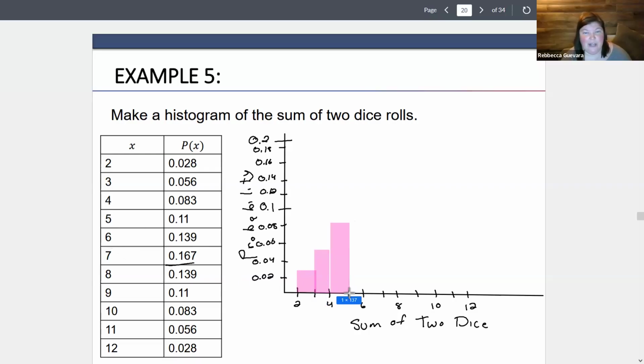Then we do 5, a little past, right here. And we get 6, which has 0.139, so almost 0.14. The 7 is almost 0.17, so roughly here. After that, the rest is symmetric in this case. That's what my distribution will look like.